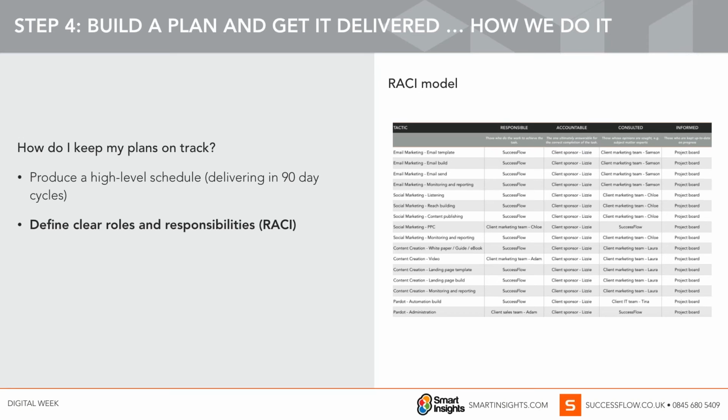So making sure that across the whole idea, from template to content creation to social media to automation, every different aspect, you've got a really clear understanding of who's doing the day-to-day work, who's accountable for the overall responsibility, who needs to be consulted, and who needs to be kept informed.